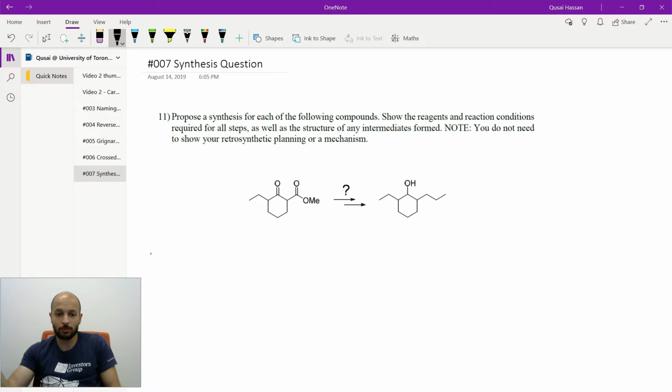The question says, propose a synthesis for each of the following compounds, show the reagents and reaction conditions required for all steps, as well as the structure of any intermediates formed. Note, you do not need to show your retrosynthetic binding or mechanism. The reason I want to go through this question is that although students in my course could see the answer pretty easily because it's posted on the course website, I want to go through the thought process, how to think through these types of questions.